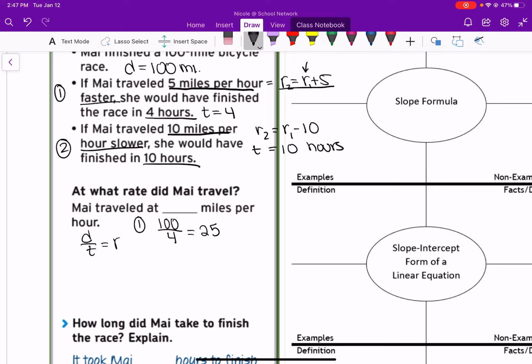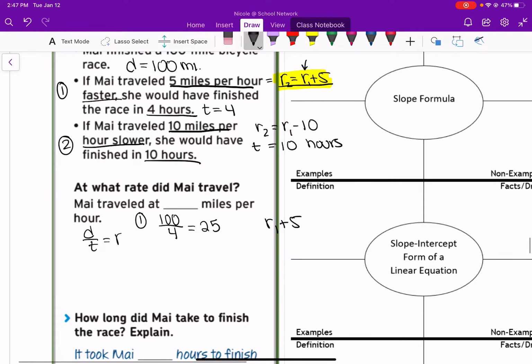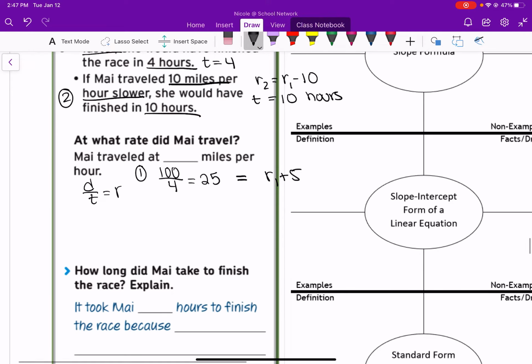And that is if she traveled 5 miles per hour faster. So this is equal to R2, which is ultimately equal to R1 plus 5.